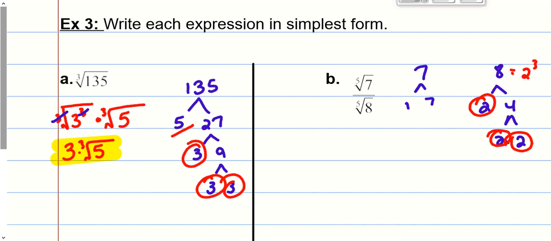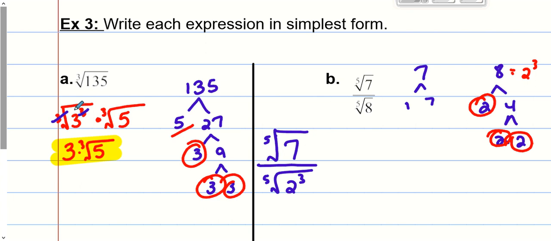So let's go ahead and do that. I have the 5th root of 7 divided by the 5th root of 2 cubed. That's how we're going to rewrite.